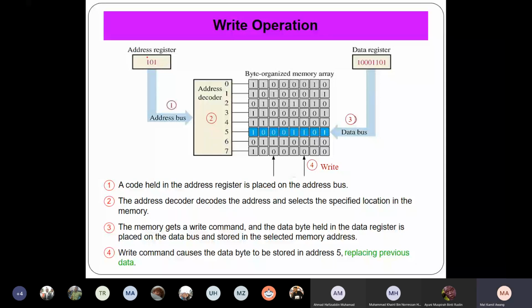So first, the code in the address register, 101, is sent to the address decoder. What the address decoder will do is decode 101 into the location based on row or columns. So in this case, the address decoder decodes the address.